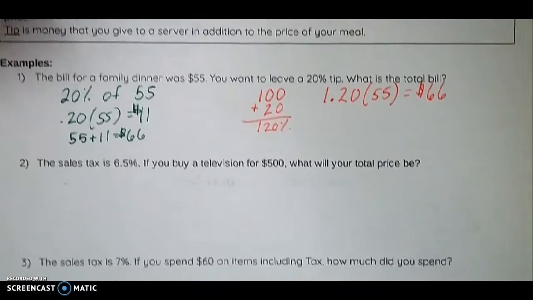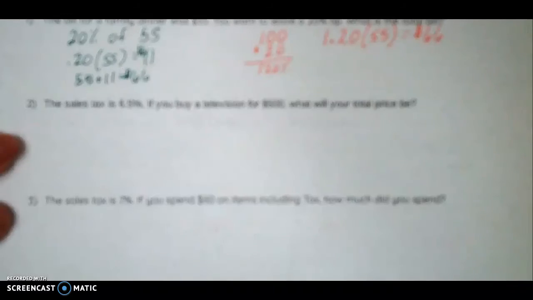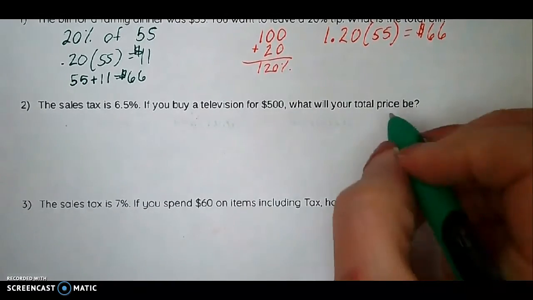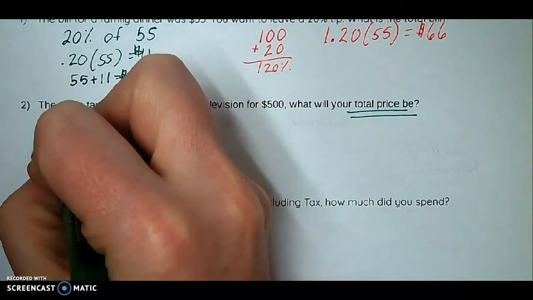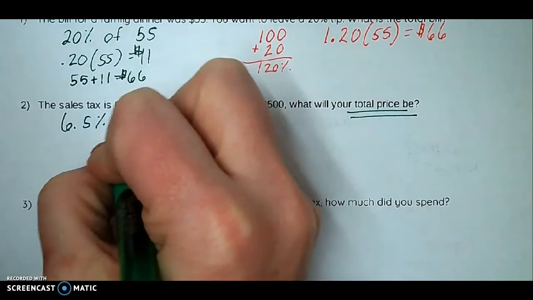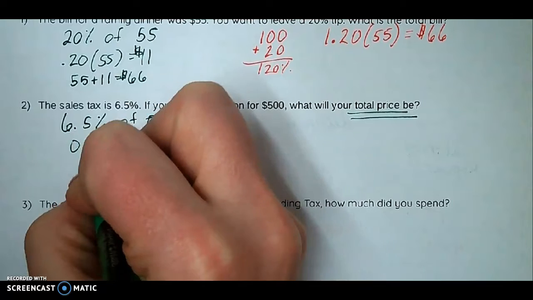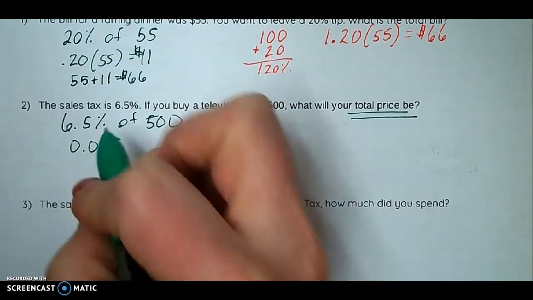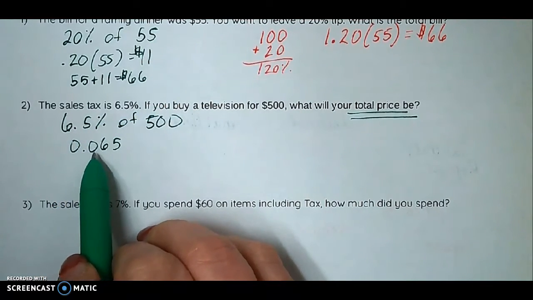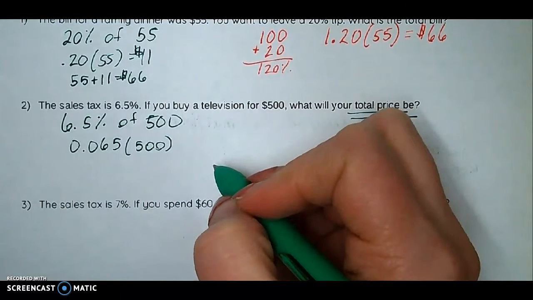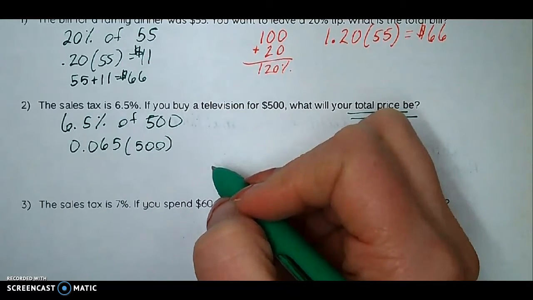Number 2 here, the sales tax is 6.5%. If you buy a television for $500, what will your total price be? So that means I want 6.5% of $500. Make sure you get that extra 0 in there, or you'll end up with an answer that's way off, much, much bigger than what you should have.